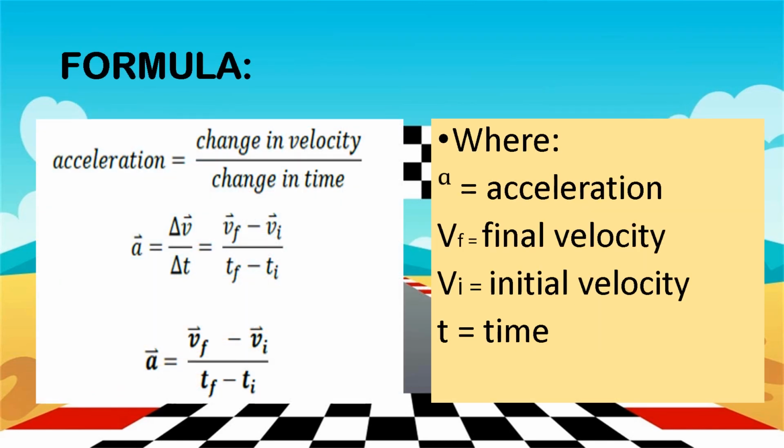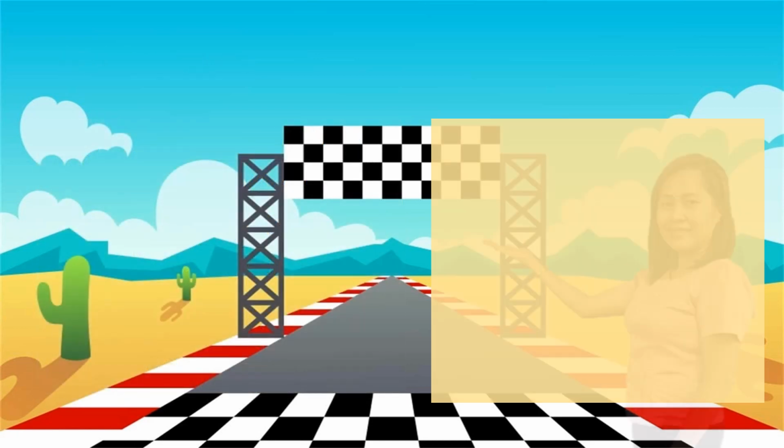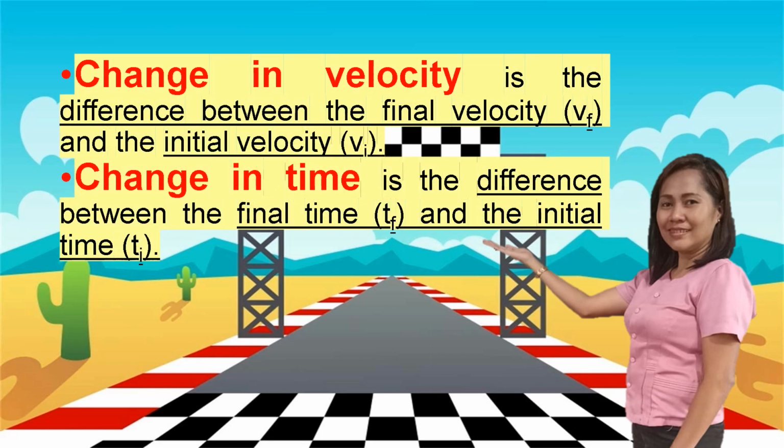To solve for acceleration, you have to divide the change in velocity over the change in time. The change in velocity is the difference between the final velocity and the initial velocity, while the change in time is the difference between the final time and the initial time.